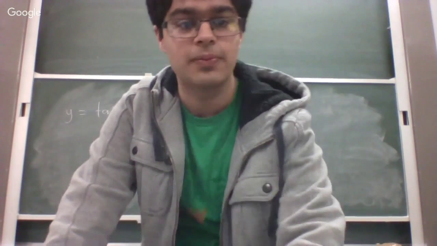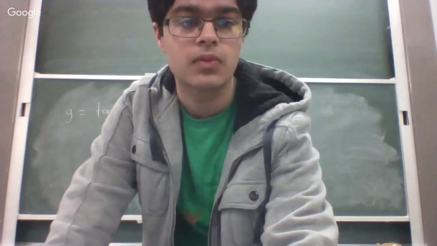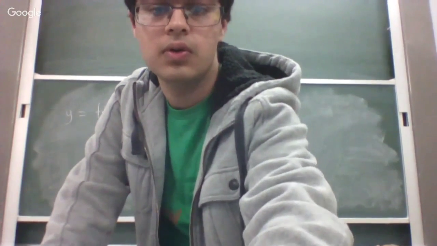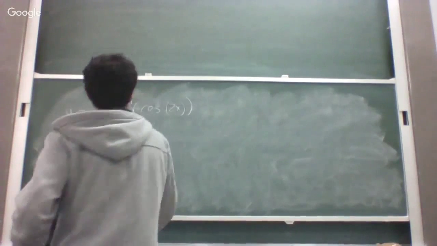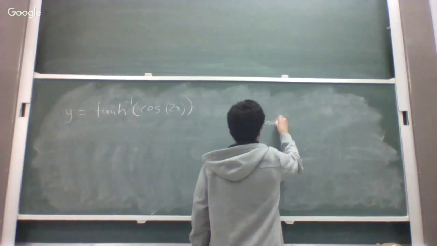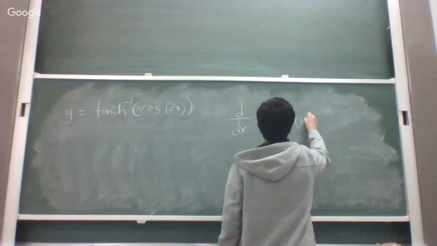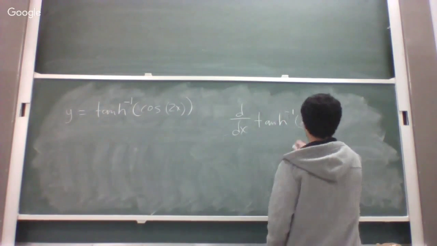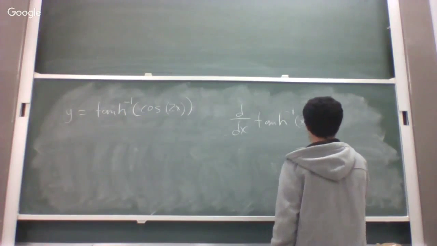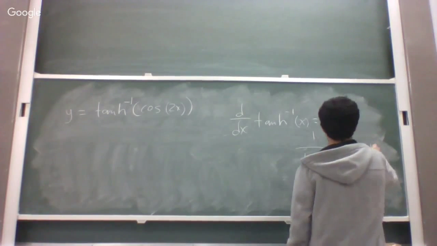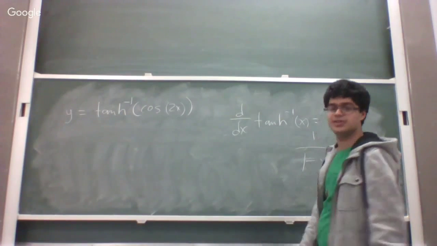Let me look up what that should be. So the derivative of tangent inverse, or of hyperbolic stuff, is equal to 1 over 1 minus x squared, where the absolute value of x has to be less than 1.